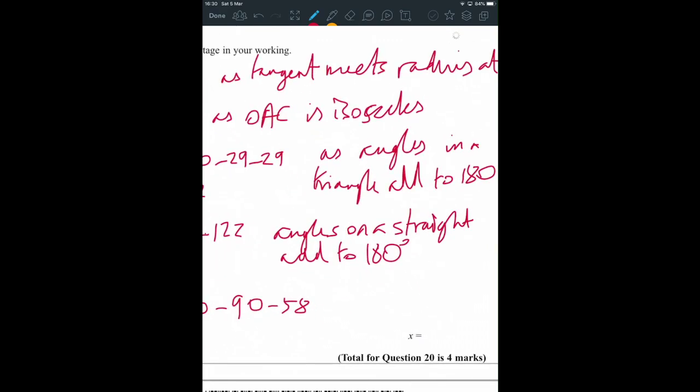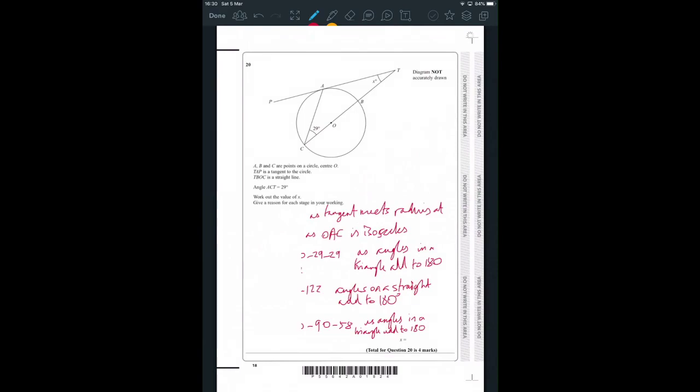And the reason there again is angles in a triangle add to 180. Again, notice that every step I did, I justified with one of my angle reasons. We didn't actually really use many circle theorems there at all for that question.